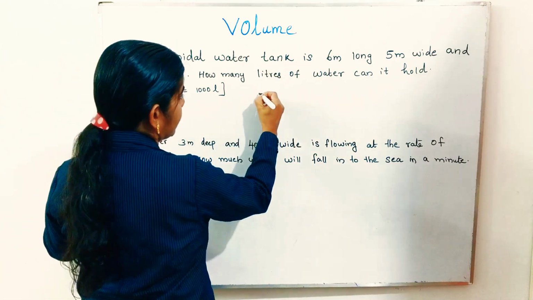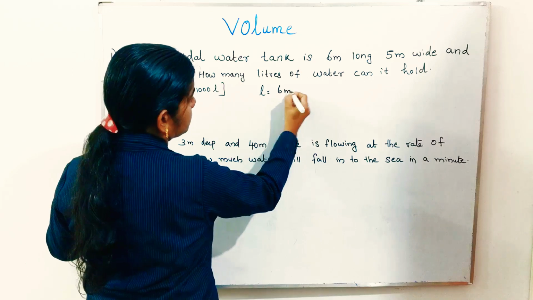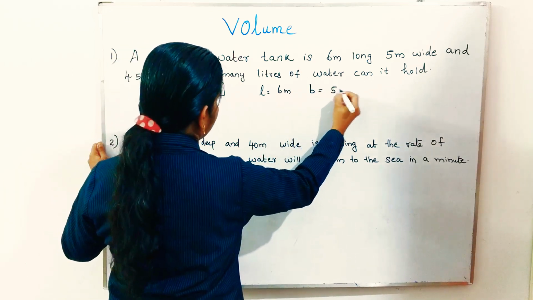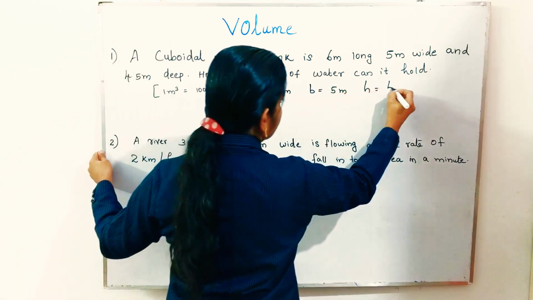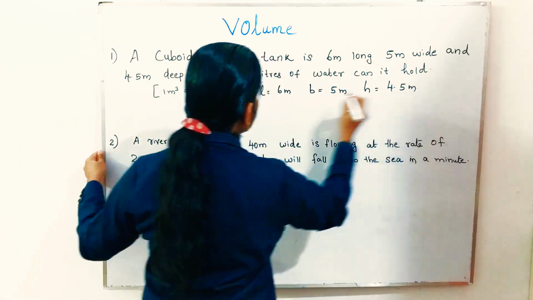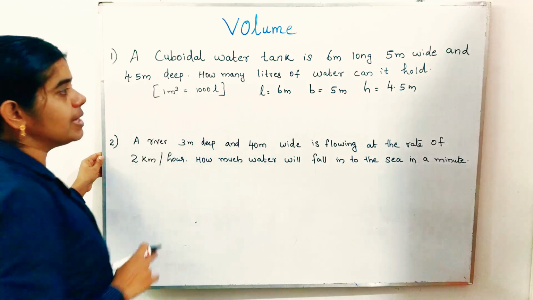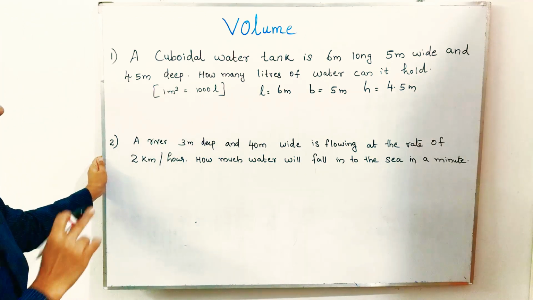L is equal to 6 meter, B is equal to 5 meter, H is equal to 4.5 meter. Then volume, or how many liters of water, is the capacity of the tank.